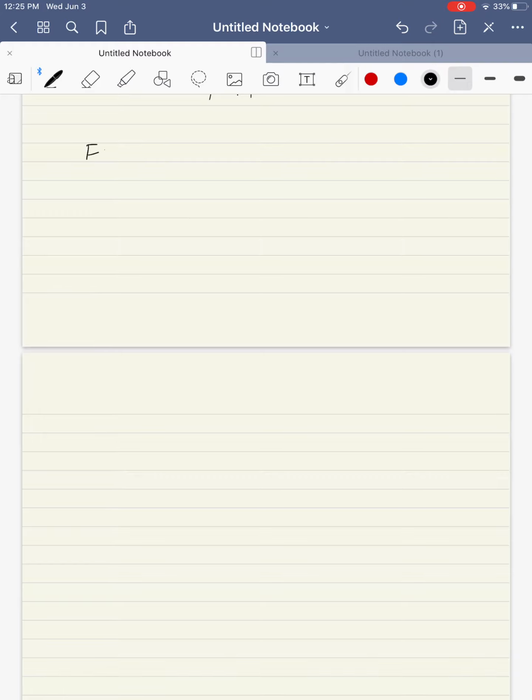Let's see how this can be used to find some equations of lines.